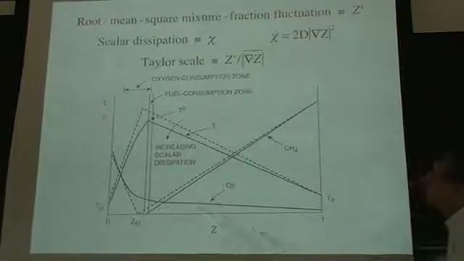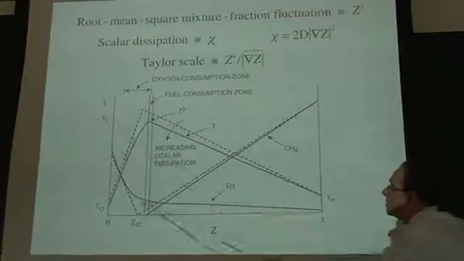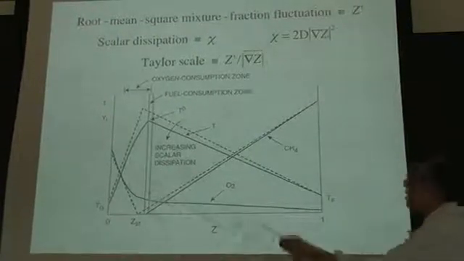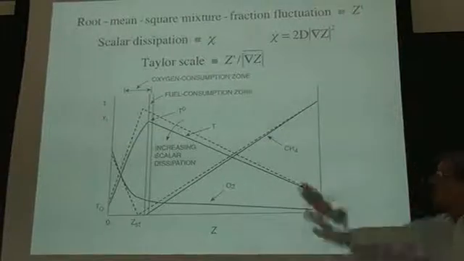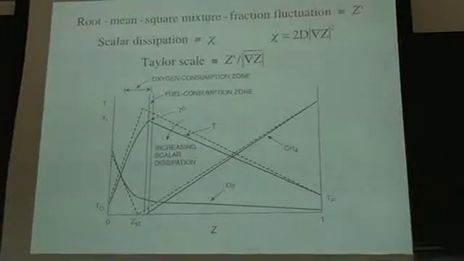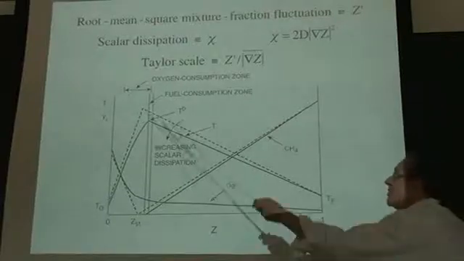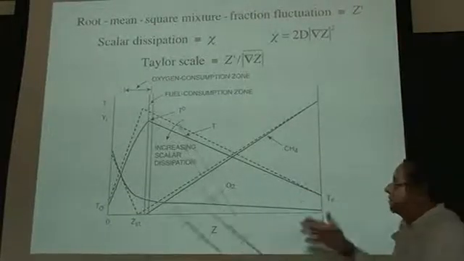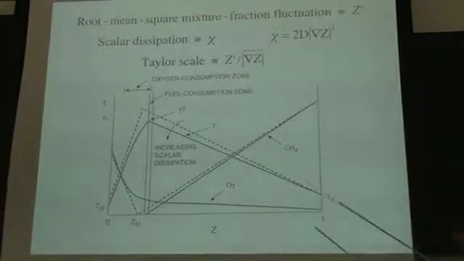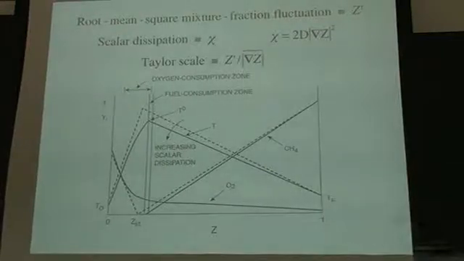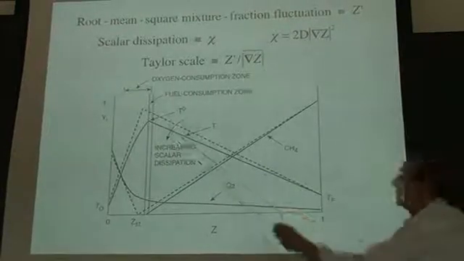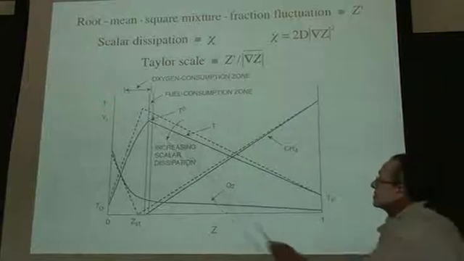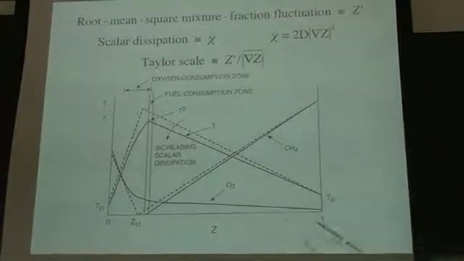So if you are at a high enough Damköhler number, then all of the properties you're interested in are a function only of mixture fraction. If you have statistics of mixture fraction, then in principle you also have the statistics of everything else.